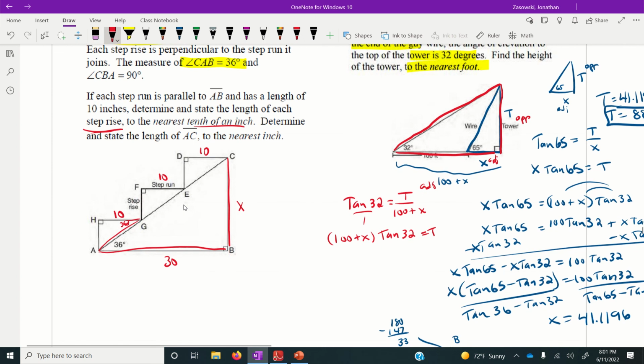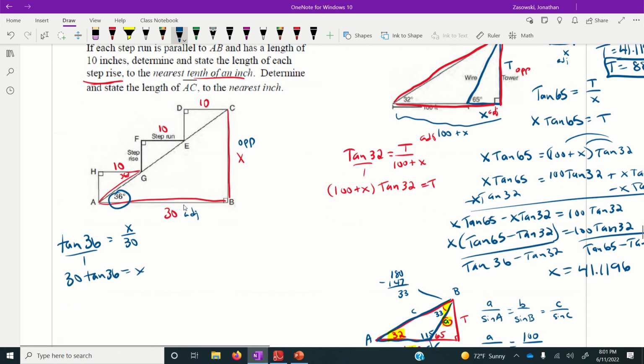We'll do the big one here. So we're going to, once again, we're dealing with a right triangle. We're dealing with an angle measure. So we're going to label our sides. We have opposite and adjacent. So we're going to do tangent. The tangent of the angle is equal to the opposite, x, over 30. We're going to cross multiply to get 30 times the tangent of 36 is equal to x.